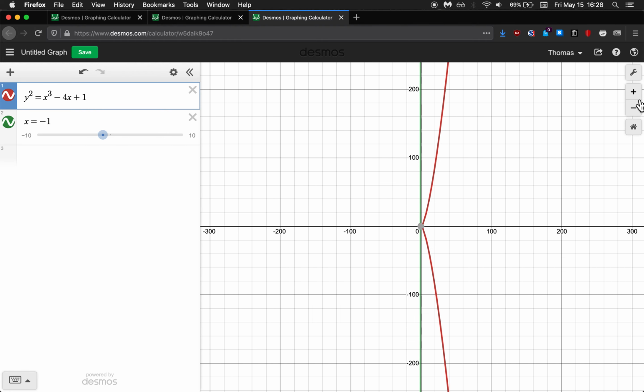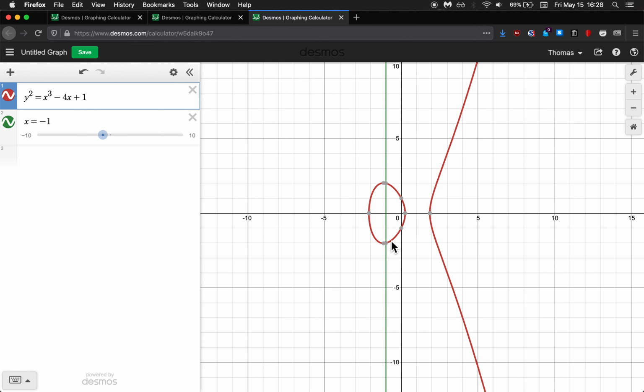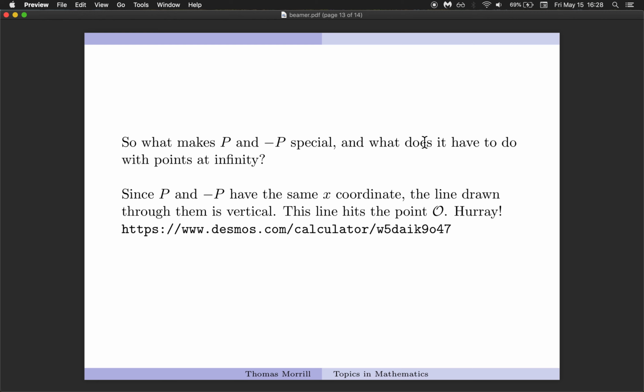So, zooming back in for a bit, I pick two points on the curve, I draw a line between them. It happens that this is the point P, this is the point minus P, and way out in the distance, this line hits a third point belonging to the elliptic curve, and it hits the identity.